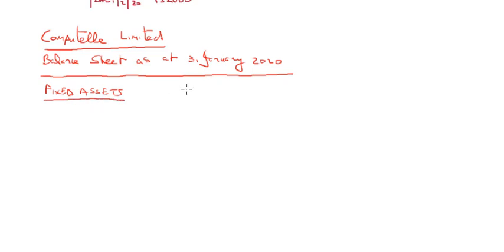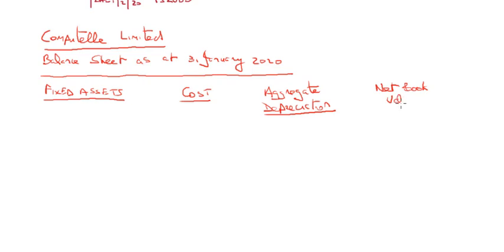We're going to look at the cost of those fixed assets, and the aggregate or accumulated depreciation, or depreciation to date, if you like, and when we subtract those two figures we get the net book value. Everything's going to be in money, so we put in a euro symbol.